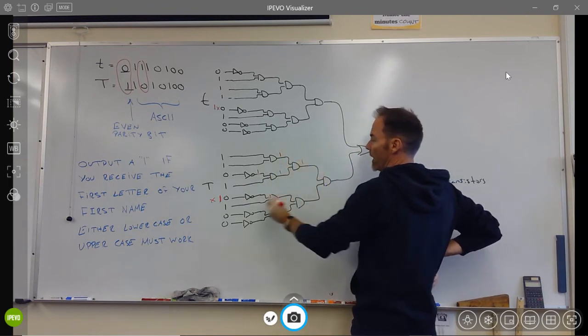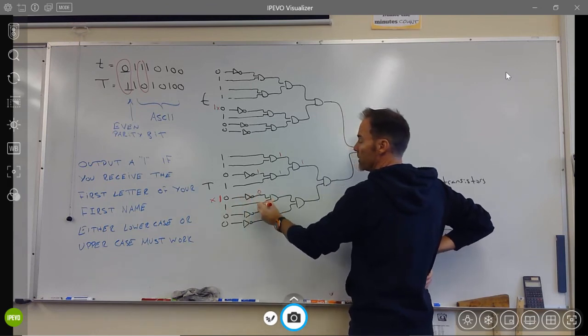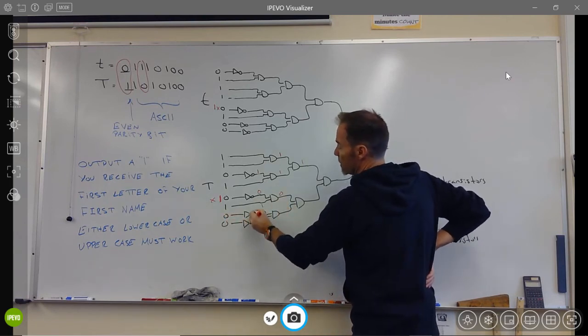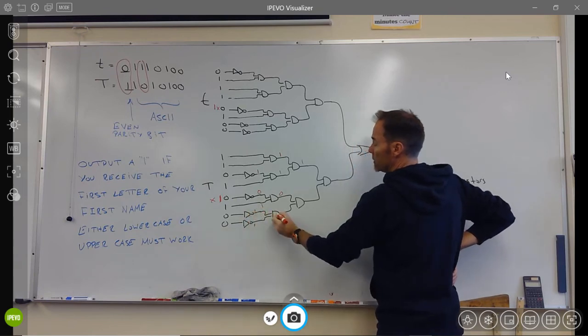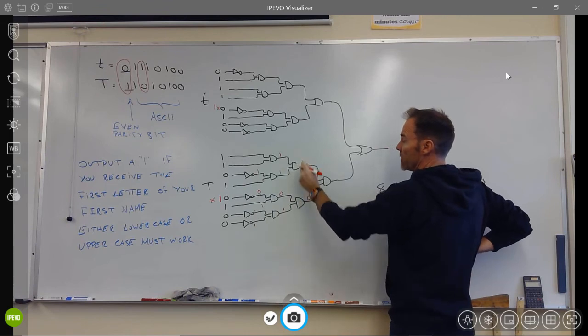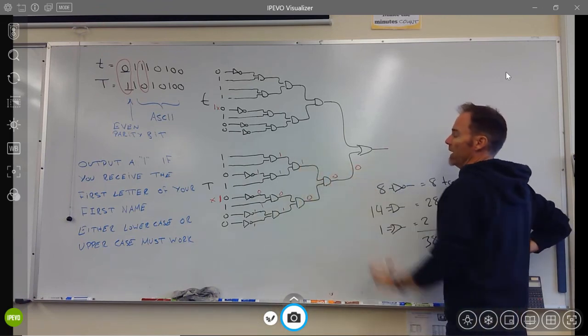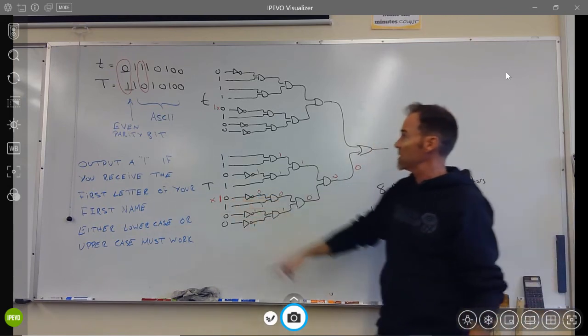So I have a 1 to write here. 1 through a NOT gate becomes a 0. The 1 stays a 1. 0, 1 on an AND gate is a 0. 0, 0 through two NOT gates is 1, 1. So I have 1, 1 on an AND gate gives a 1. 0, 1 on an AND gate gives a 0. 1, 0 gives a 0. So right here, I would have a 0 instead of a 1 if this bit has changed.